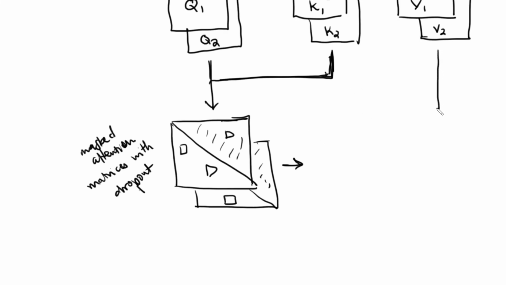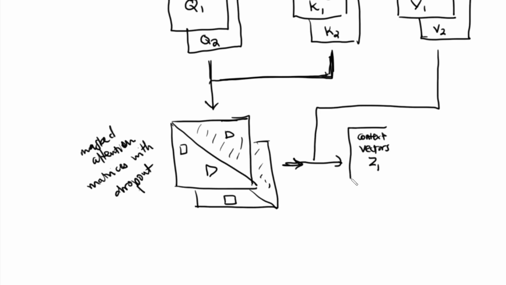And then we are going to get our value matrices, and we are going to create context vectors. So here we're going to create context vector Z1, and we'll create also context vector Z2 when we apply the second masked attention matrix to values V2.